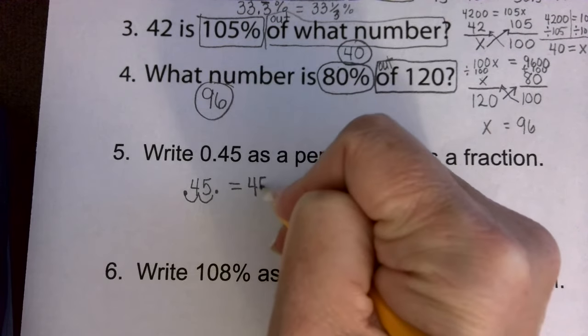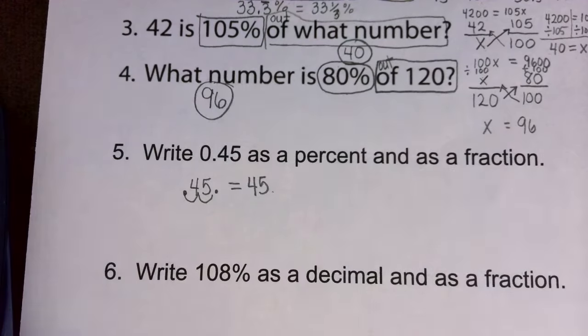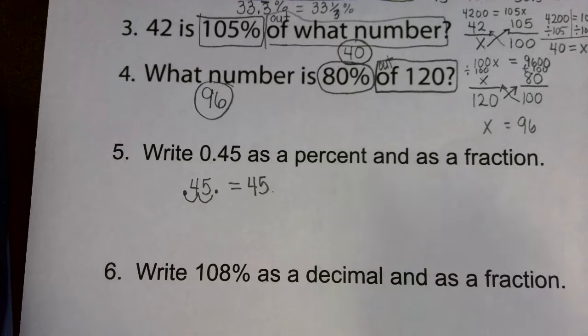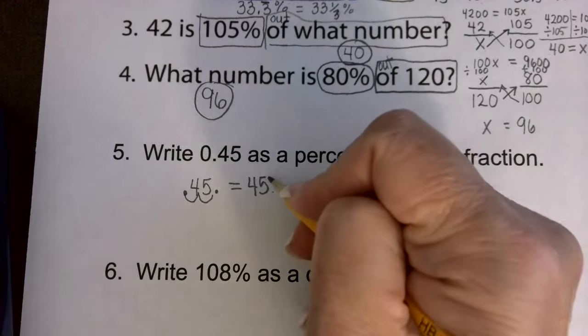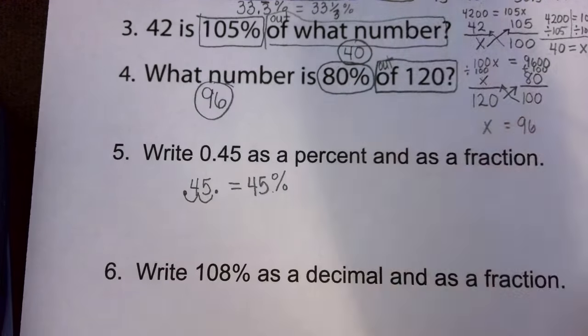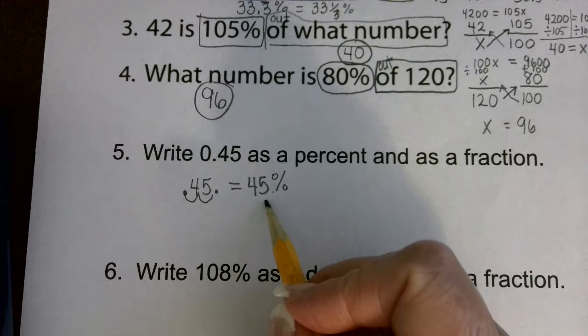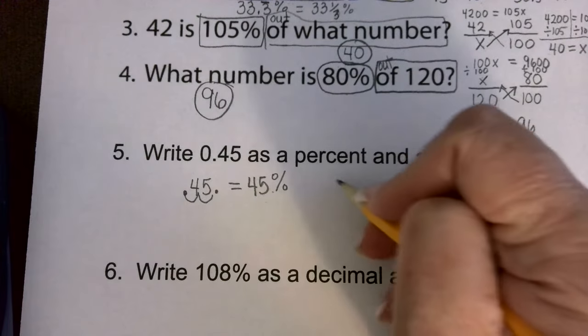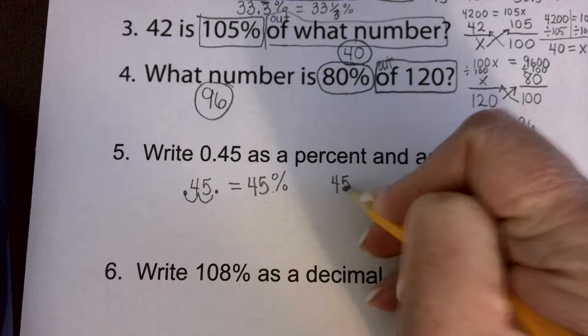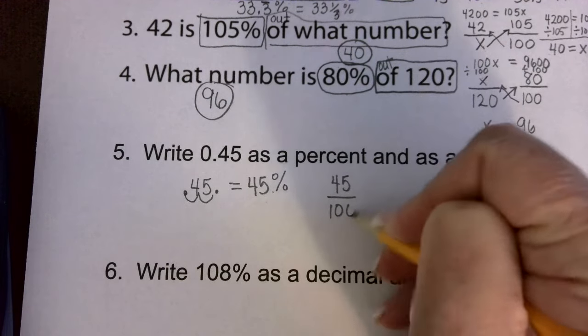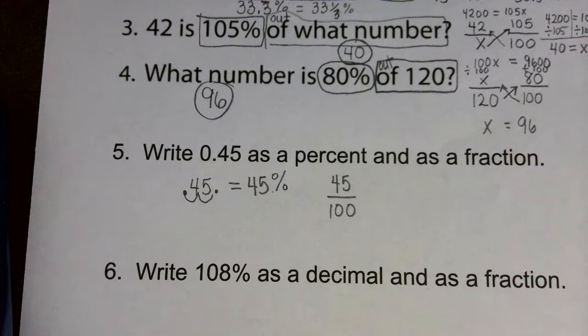So now we have 45 with the decimal point at the end, and you can either put it there or not, and then we add a percent sign. So 45 hundredths is 45%, and then 45% written as a fraction, we just take the 45 and we put it over 100.